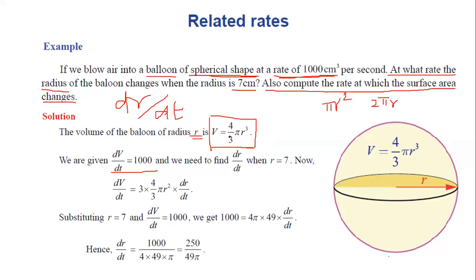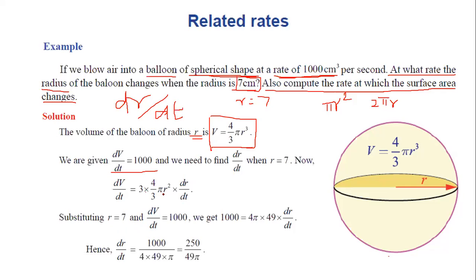If we differentiate on both sides, we will get dV by dt equal to 3 into 4 by 3 pi, keep it, r cube differentiation is r square dr by dt. Substitute r equal to 7 here, because r equal to 7 centimeter is given.